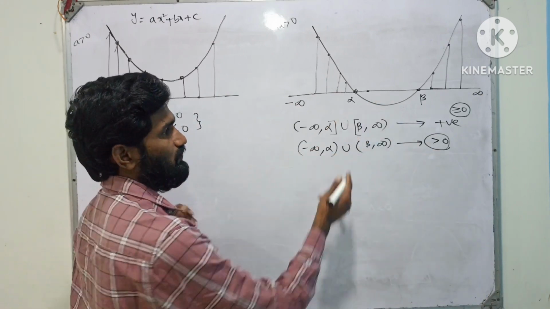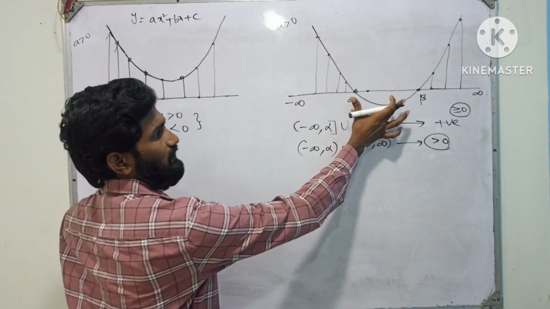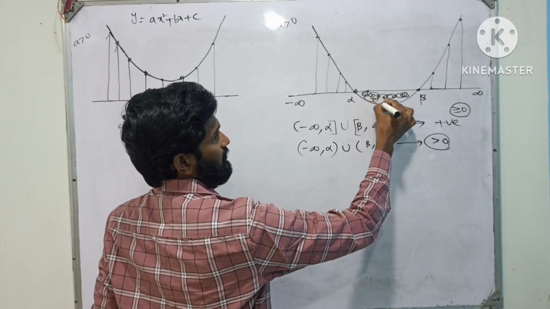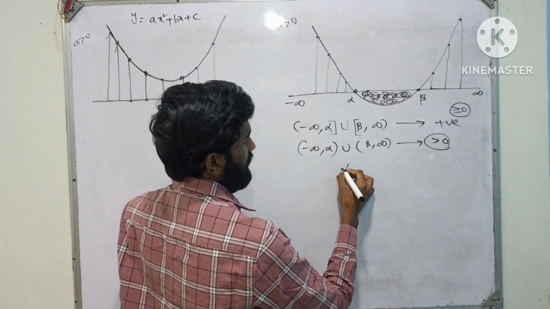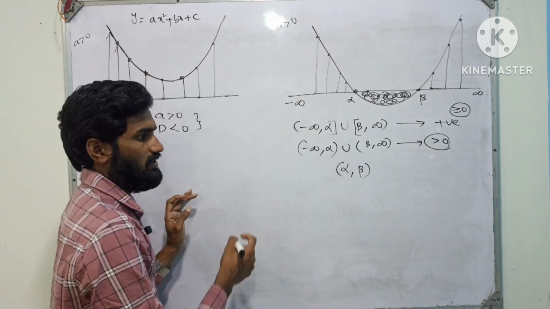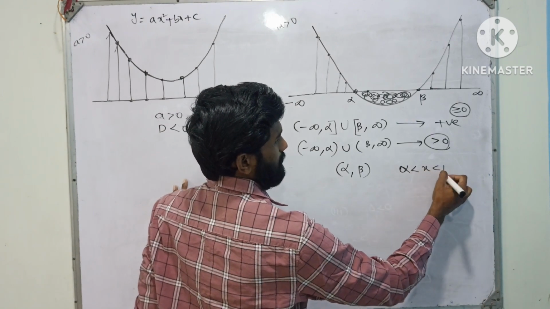But where are we getting negative? Only from alpha to beta. Otherwise you can write alpha less than x less than beta.